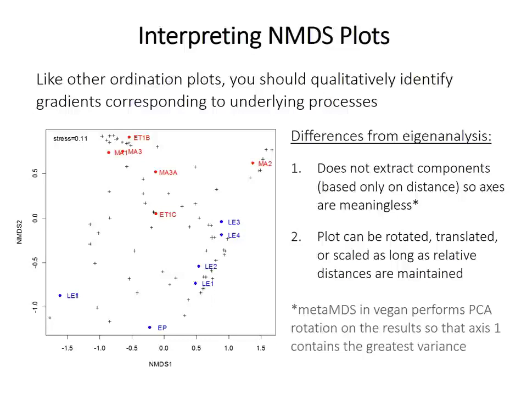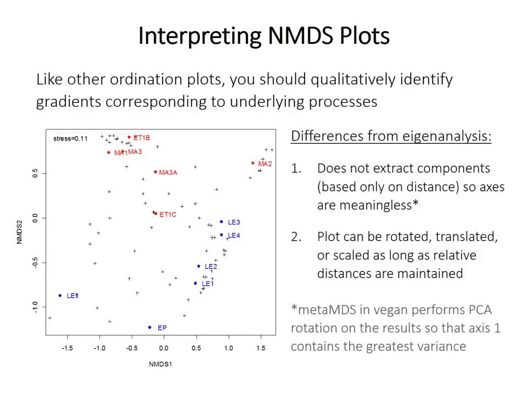Okay, so unlike in PCA, these points, remember, are arranged by this iterative process. So it turns out that the axes don't actually mean anything. Remember, in PCA, the axes correspond to these eigenvectors that explain a particular amount of the variance. Because here the axes really are not that meaningful, you can rotate the plot, you can translate it, so you can shift it from left to right or up and down. You can scale it, so you can enlarge it or shrink it, as long as you retain the relative distances.